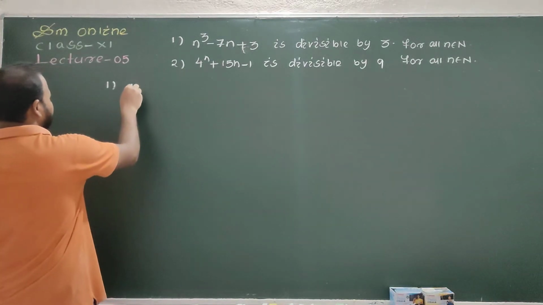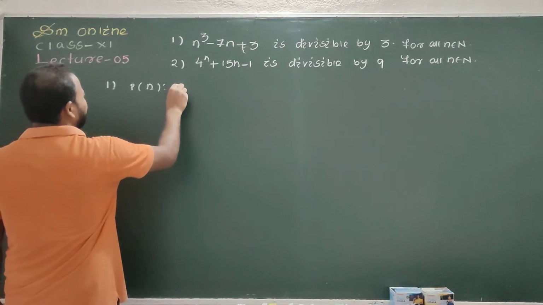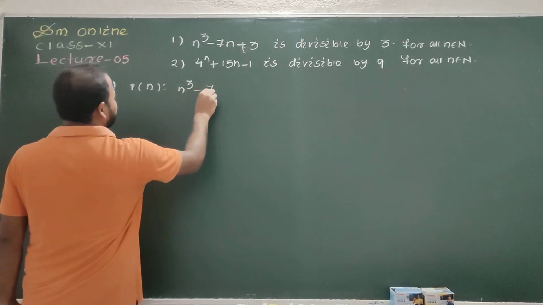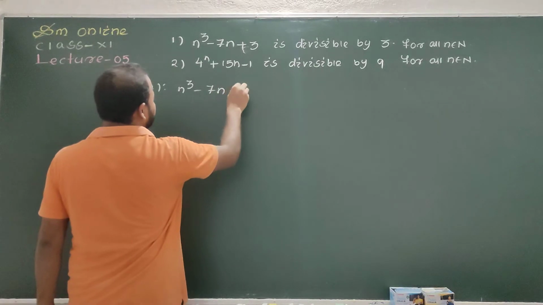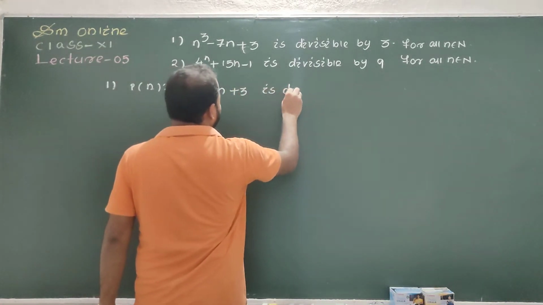The statement is denoted by P(n), that is, n cubed minus 7n plus 3 is divisible by 3.